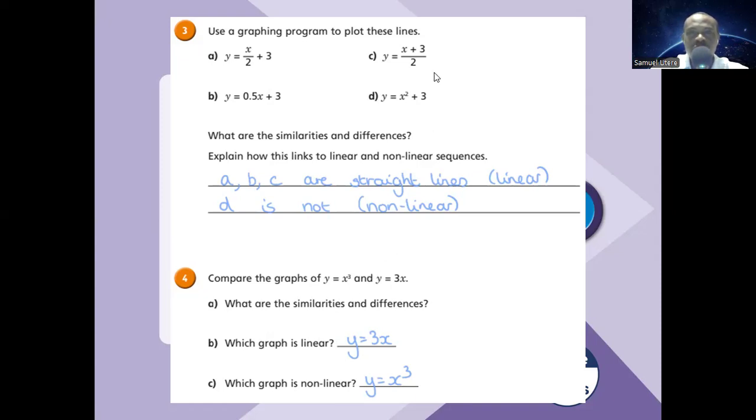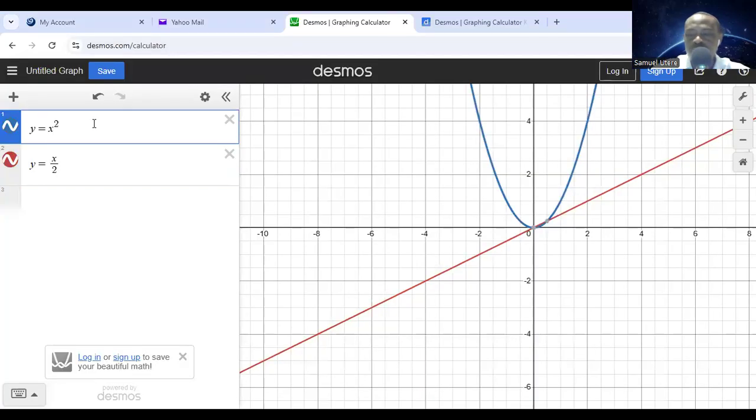So again, let's get to our graphing program to demonstrate this. Y equals x cubed. Let's just use our up arrow key to move it to where the 2 is. We press our back key to delete it. We put 3.